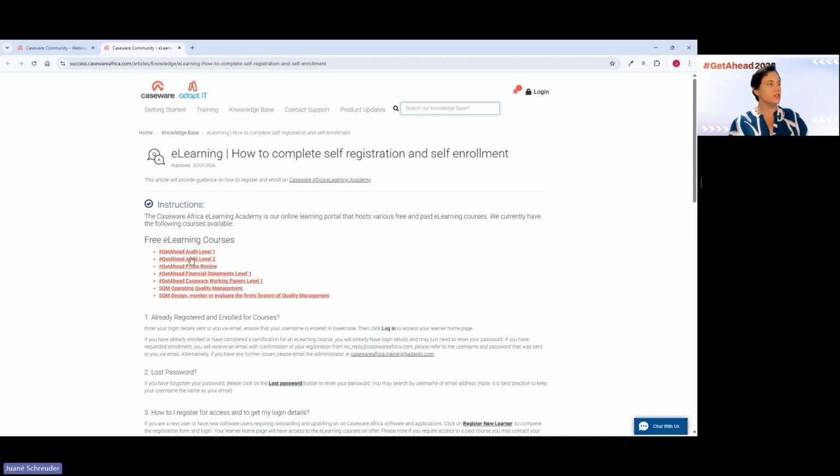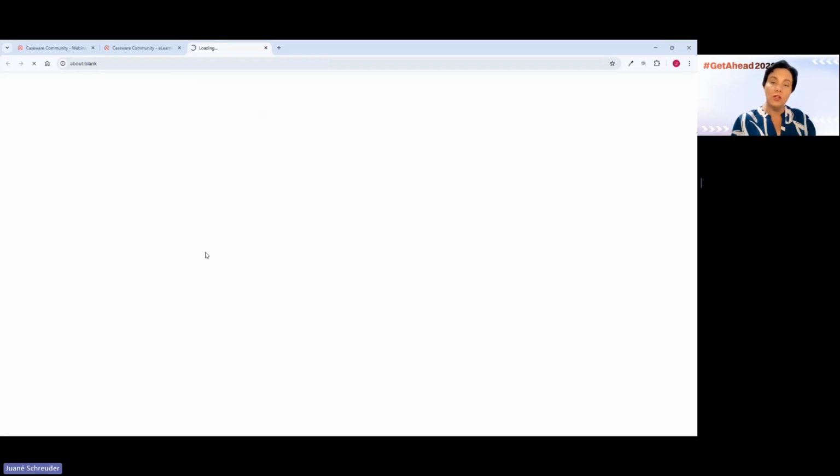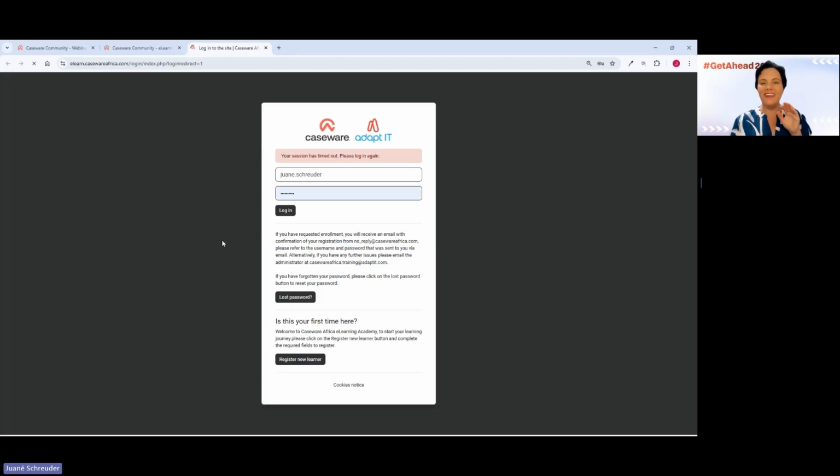So there are instructions, and then there you will see Get Ahead Audit Level 1. Simply click on that and it will take you to the e-learning academy, and you can then just enroll yourself. You don't need to panic or worry if it tells you to log in. You just either register yourself there if it's your first time, or let's say maybe you're already enrolled for the Caseware Working Papers, then you just simply go and enroll yourself for the other ones.